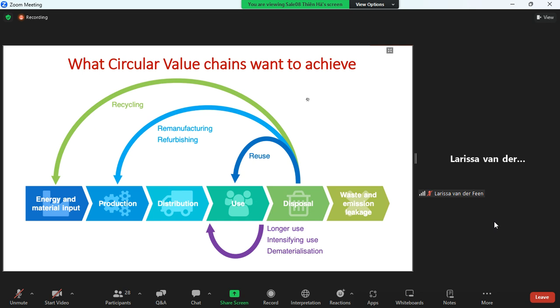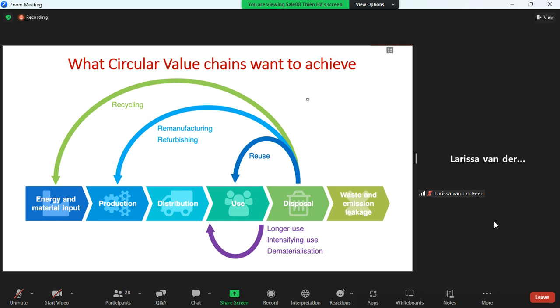The other part we need to think about is the proper management of waste and emissions leakages through the circular economy.